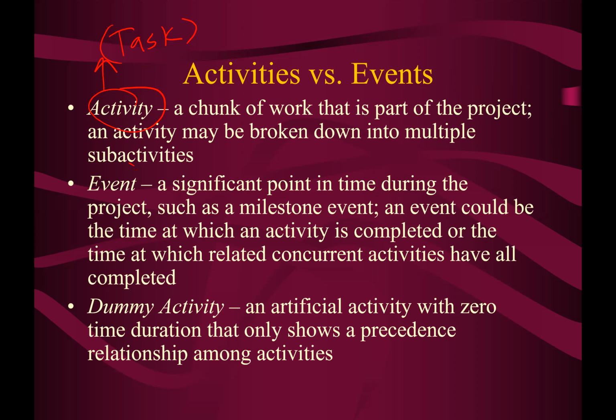And then event. An event is an important thing that happens. For example, the start of the project, the end of the project. The start is what we call a milestone. The start doesn't have any duration as an activity, but it indicates an important event.